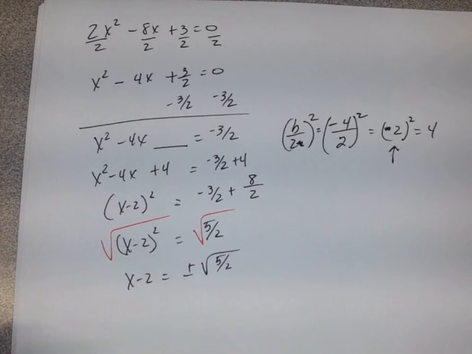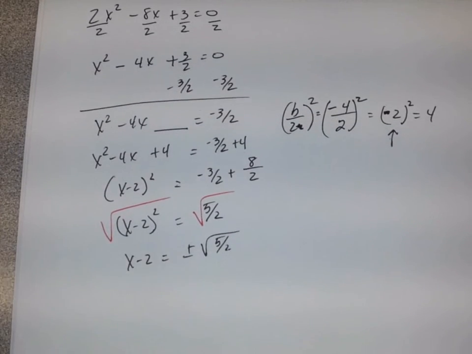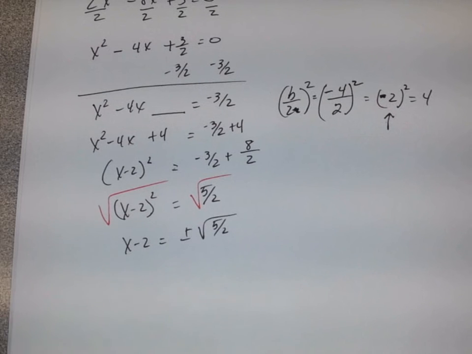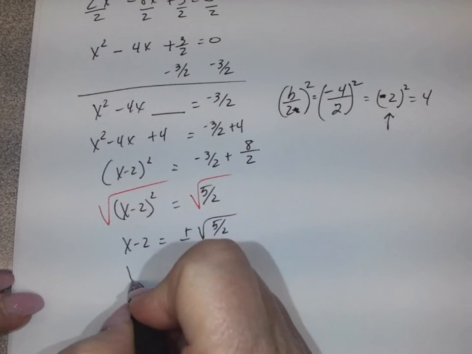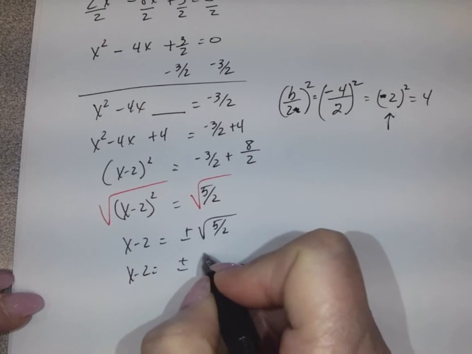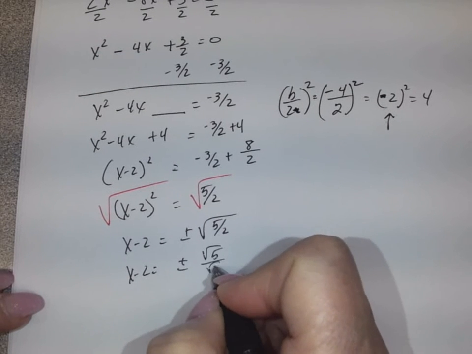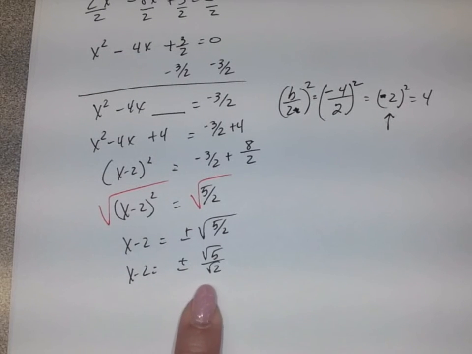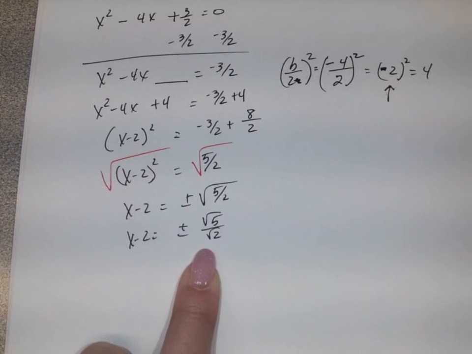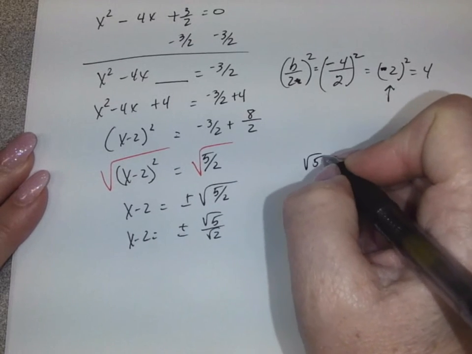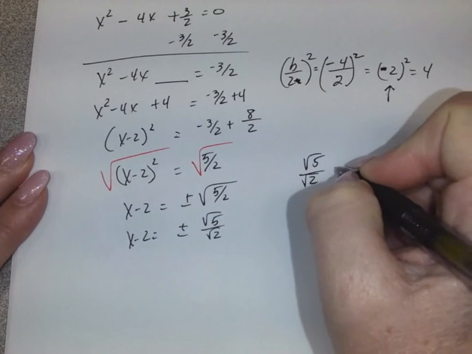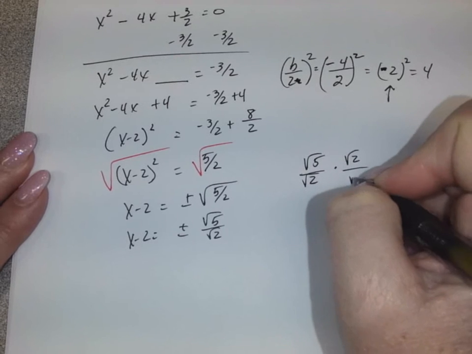So we are going to have to separate this out. So x minus 2 equals plus or minus the square root of 5 over the square root of 2. It's not a perfect square this time, so we're going to have to figure out what we need to do, and that is rationalizing the denominator. So for the square root of 5 over the square root of 2, we're going to multiply by the square root of 2 to the numerator and the denominator.